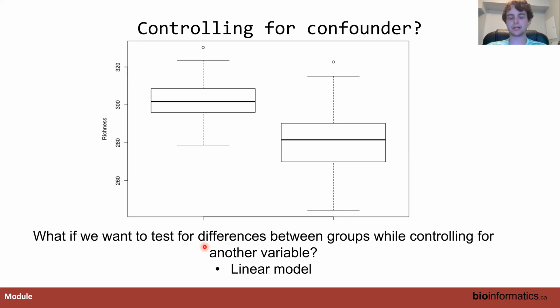I don't have a lot of time to talk about linear models, but I'm sure many of you have learned about them, and if not, there are plenty of resources online for a crash course in linear modeling and how to control for confounders in linear models. But in general, you're going to want to include the confounding variable, in this case DNA extraction, as a covariate.